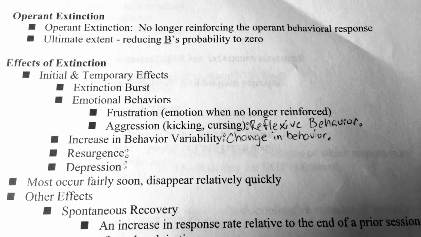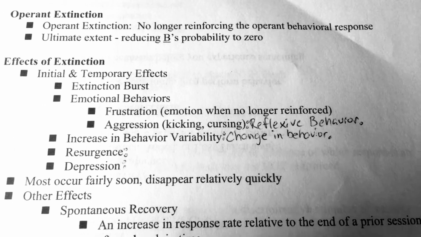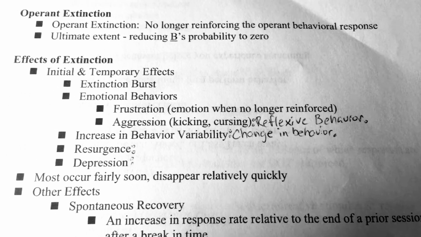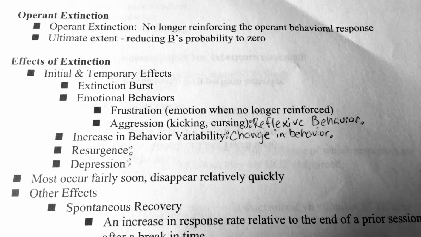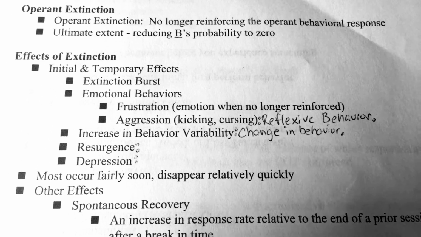Your subject's not going to enjoy it at first, and it's going to be kicking, screaming. An animal might become somewhat aggressive. However, this is part of the extinction process.